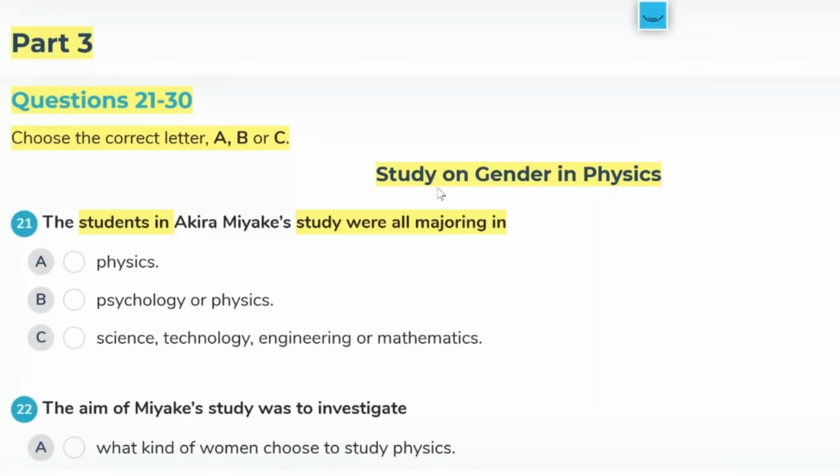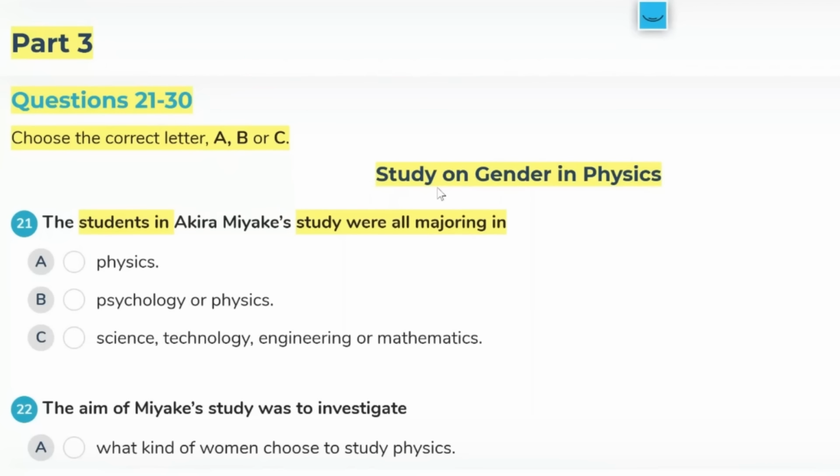Okay, Greg. So I finally managed to read the article you mentioned, the one about the study on gender in physics. About the study of college students done by Akira Miyake and his team. Yeah, I was interested that the researchers were actually a mix of psychologists and physicists. That's an unusual combination. Yeah, I got a little confused at first about which students the study was based on.